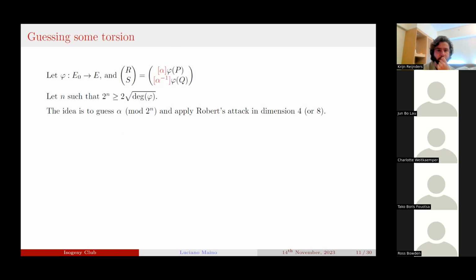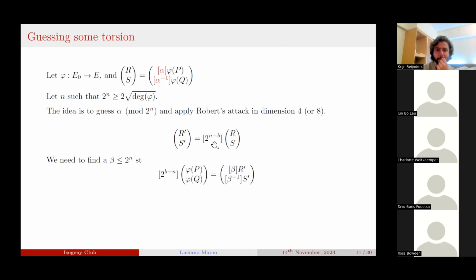So rather than looking at the entire R and S, we scale R and S by 2 to the n minus b, and we obtain R prime and S prime. And then it's just a matter of finding an odd beta such that this equality holds. That means that we know how to evaluate phi at the 2 to the n torsion, and then we can run the attack.